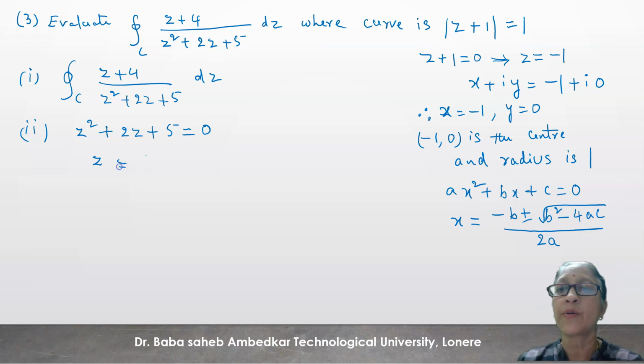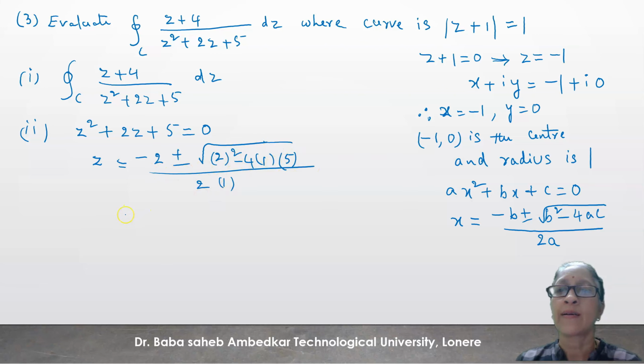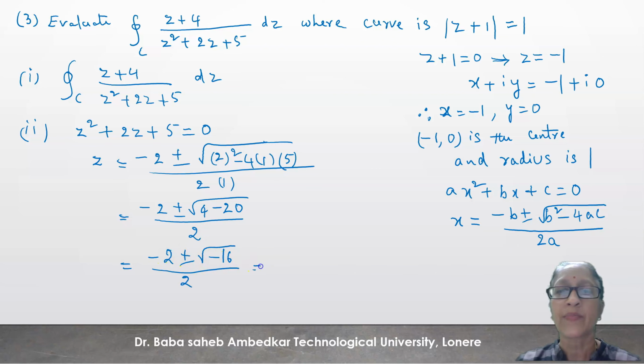So here z equal to minus 2 plus or minus square root of 2 square minus 4 into 1 into 5, upon 2 into 1. That is minus 2 plus or minus square root of 4 minus 20 upon 2, which is equal to minus 2 plus or minus square root of minus 16 upon 2. That is minus 2 plus or minus 4i upon 2.